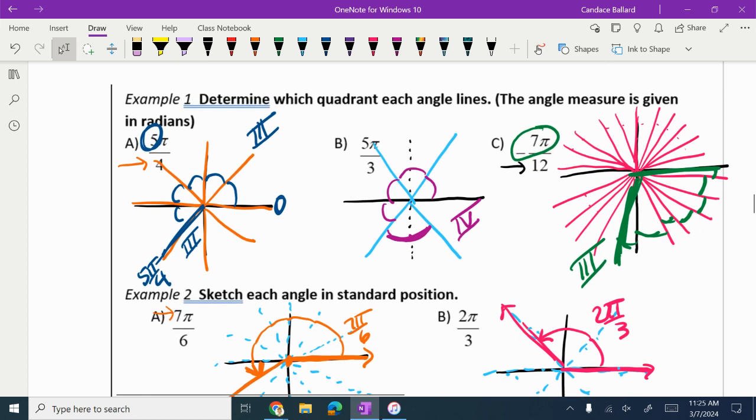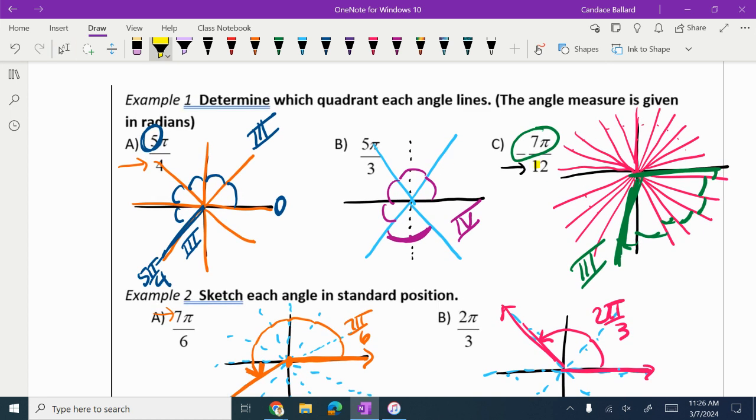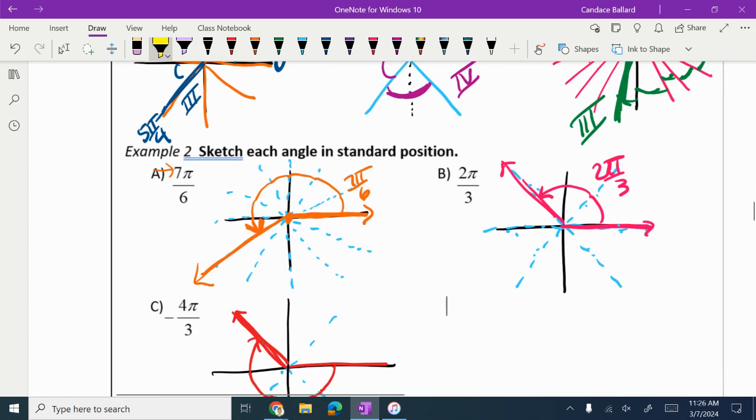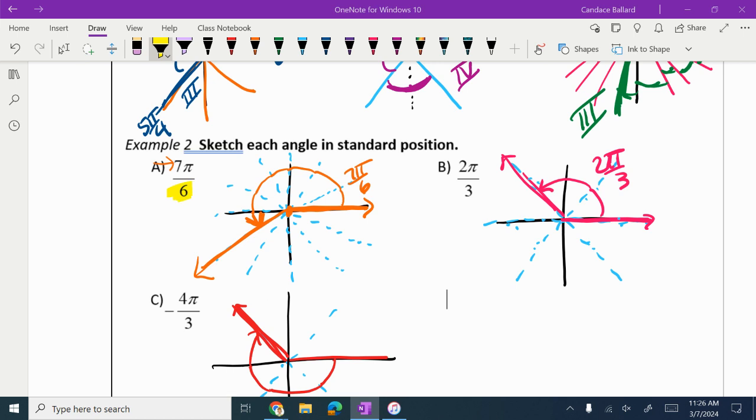Okay. So what was my denominator? 12. So I needed to have 12 wedges on the top. And then this one here, what's my denominator? So I needed to have 6 wedges on the top. Yeah. Okay. Got it? Okay.